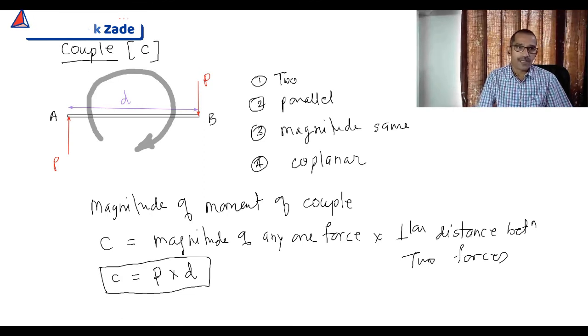If you find out the couple due to two forces at A, it is P into D. If I find out the couple at this point, you can say C, again it is P into D, because it is not the distance from moment center. It is the distance between two forces. If we find out at a different location, again it is magnitude of any one force into the perpendicular distance between two forces.